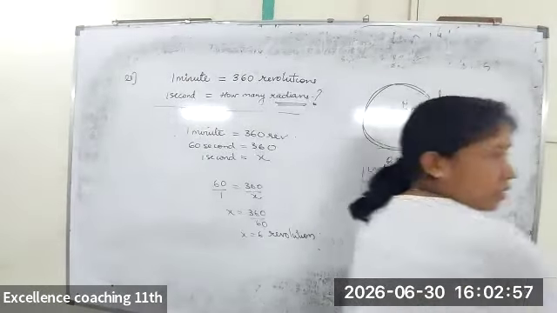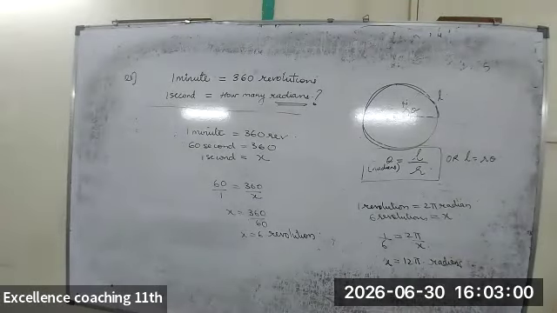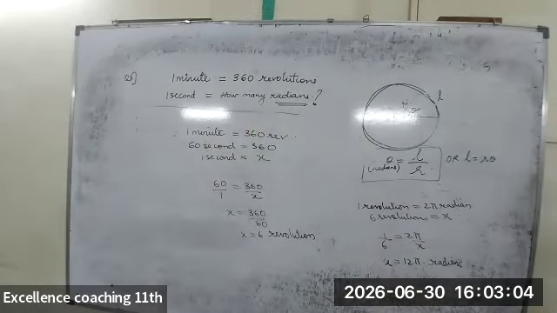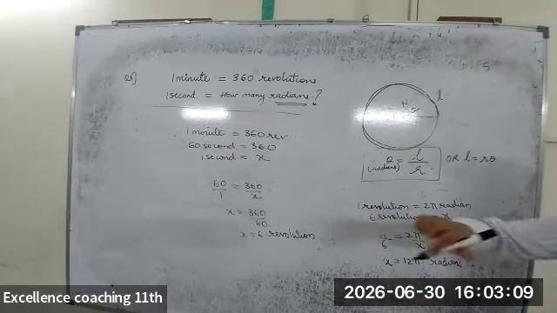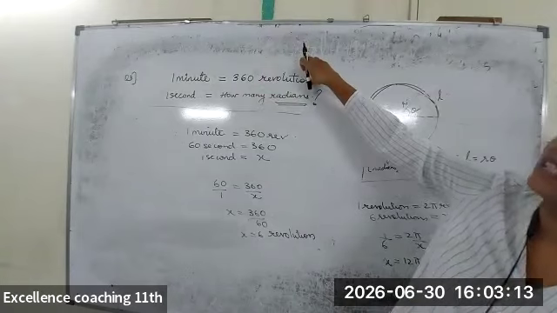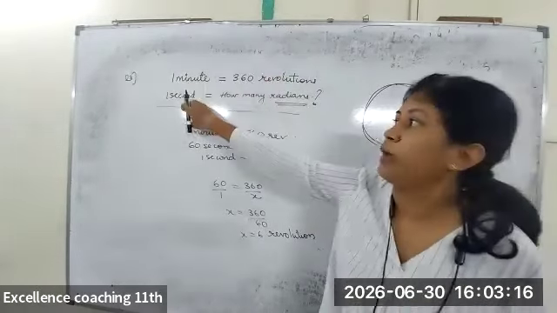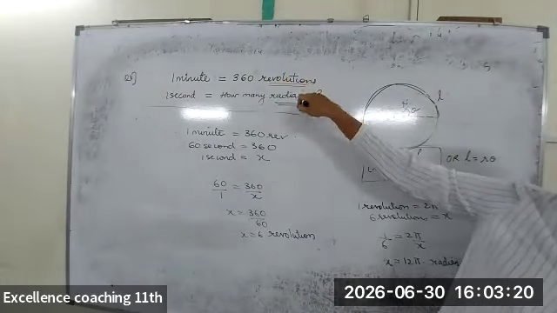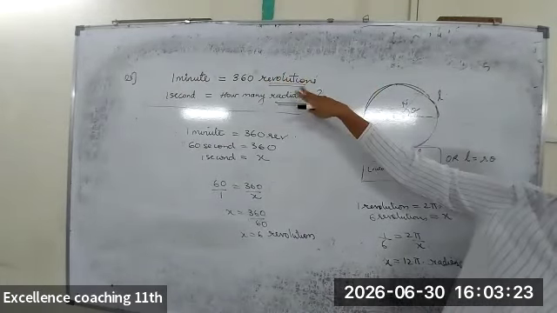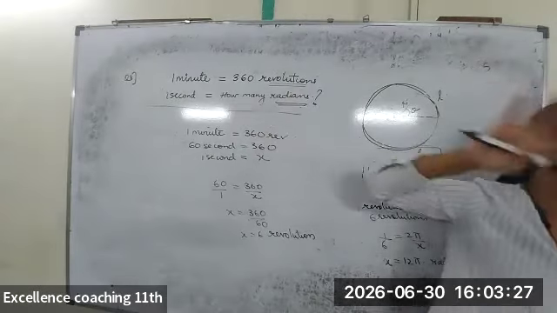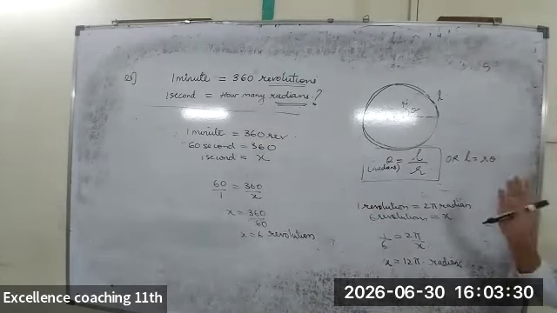Just check if it is correct. Okay, so I'll explain to you. 1 minute is given as 360 revolutions. So how many radians? Now this is the problem because this is revolutions and this is asked in terms of radians. This is a little bit confusing. So first we'll check only in terms of revolutions, because we'll have to do this in 2 parts.